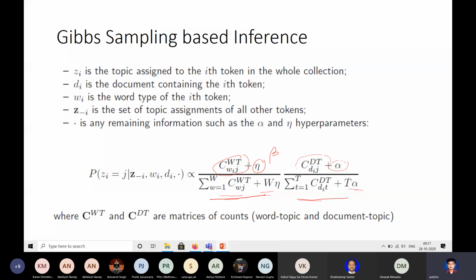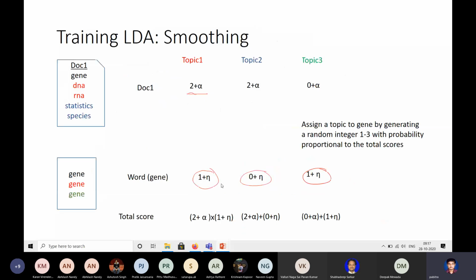So the product of these two gives you the probability that j is the topic for the ith word in document Di. As I have said, these are the probabilities, and this will give you these probabilities with some normalization. We generate a color according to these probabilities, and then move on to the next one.